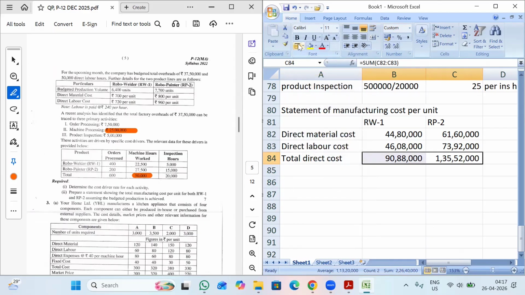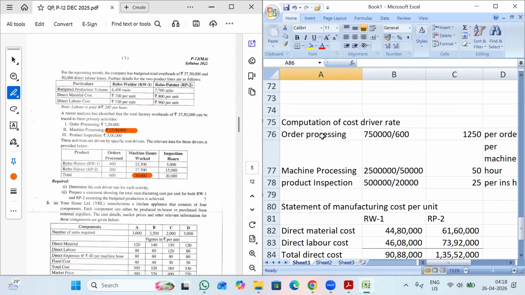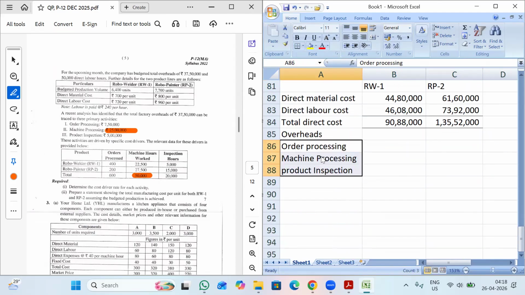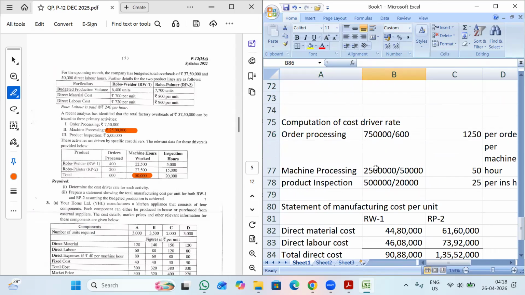Let's calculate overheads now. So the next part is to calculate overheads. So overheads here we are having three. One is order processing, machine processing, and product inspection. So here we have overhead rate per order. That is 1,250 per order.